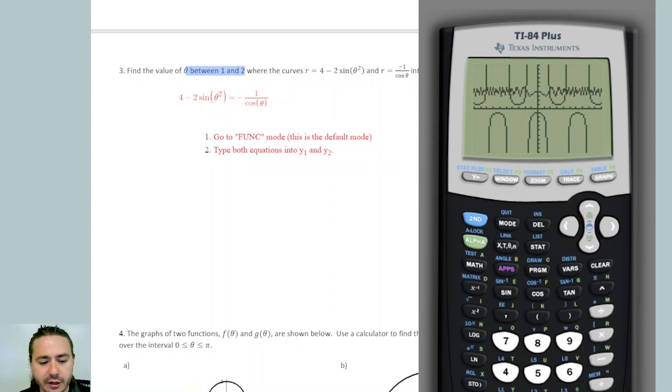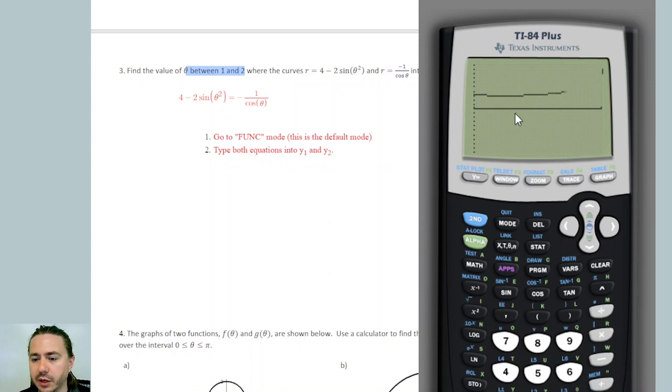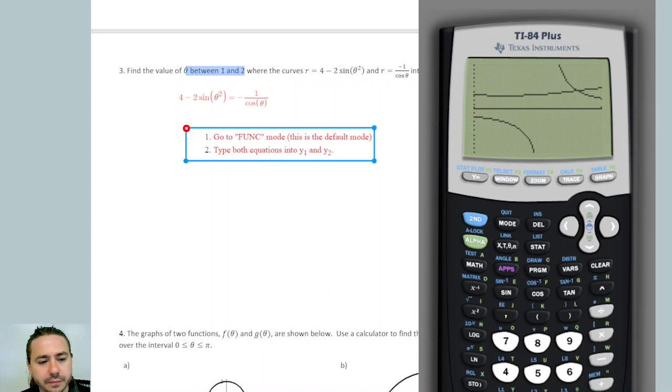So in my calculator, I will go to Window and change my x min and max to 1 to 2 so that I'm only seeing the part that I really want. So that's going to be that first one. Here's the second one. Looks like right there, boom. That's where my intersection is going to be. Okay, remember the x value is going to be theta and the y value is going to be r.